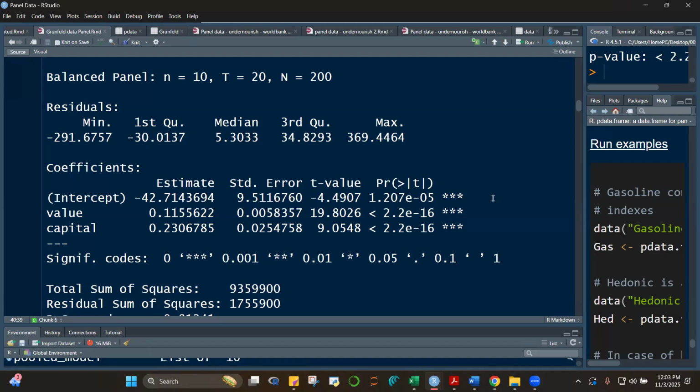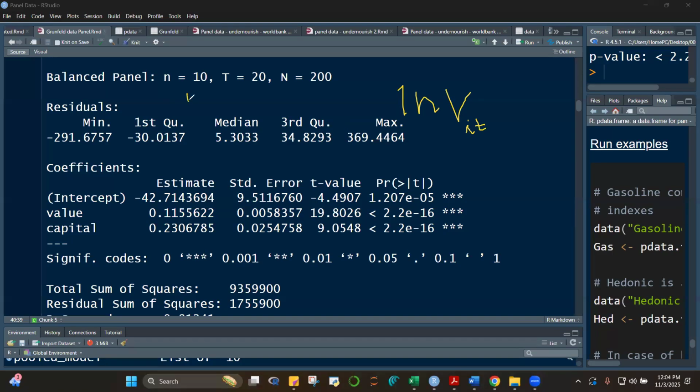So we can write that our model is equal to, if we write this, class, investment. Notice if you write this, class, you write it investment sub IT.